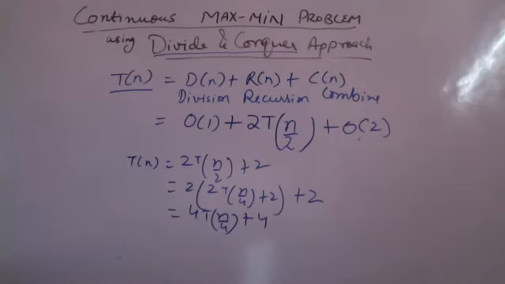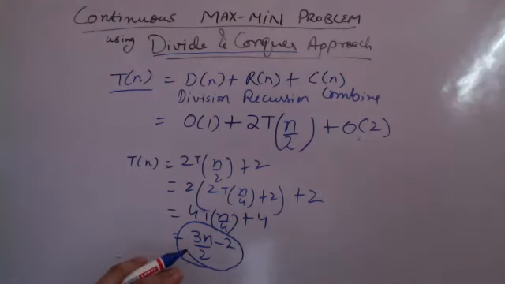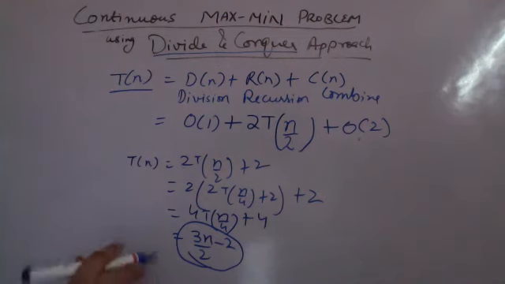So if you try to find out till the last element, if you try to equate the total amount at the end, by the sum of series, this comes out to be 3n by 2 minus 2. What I am trying to deduce here is that the number of comparisons were initially 2n minus 2.